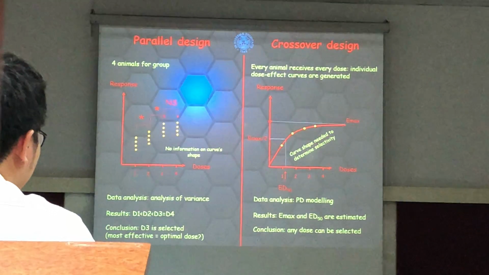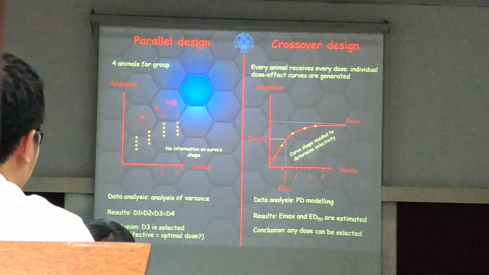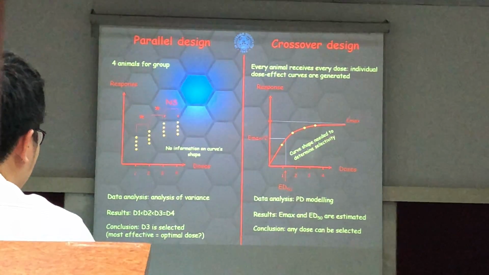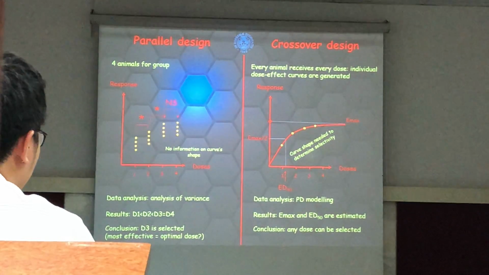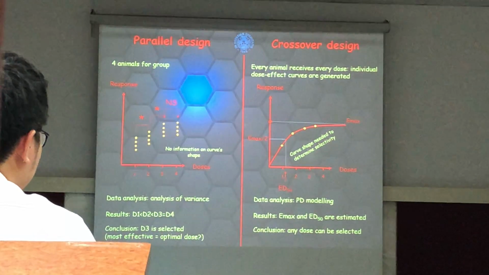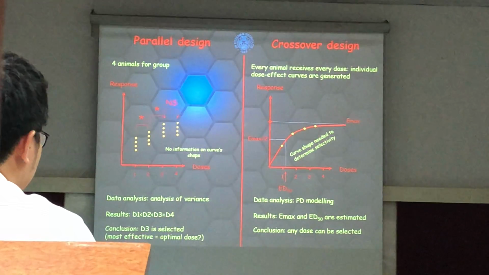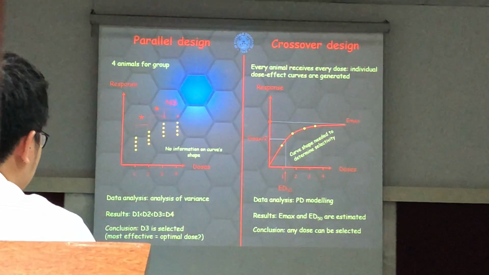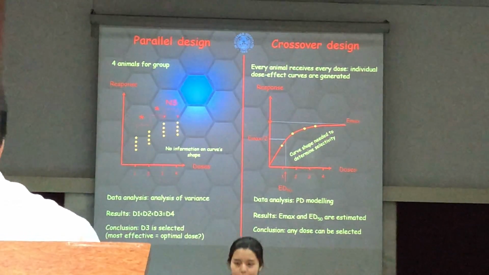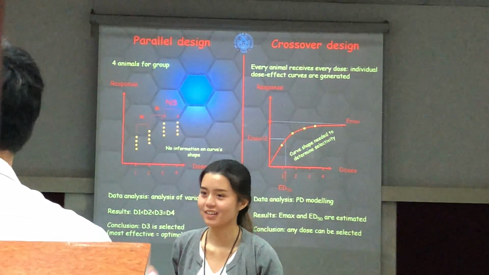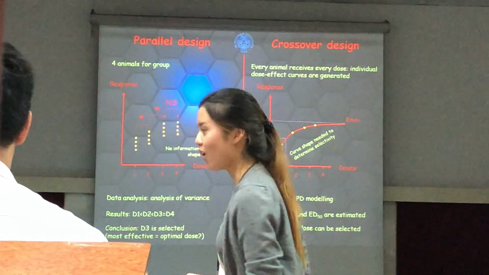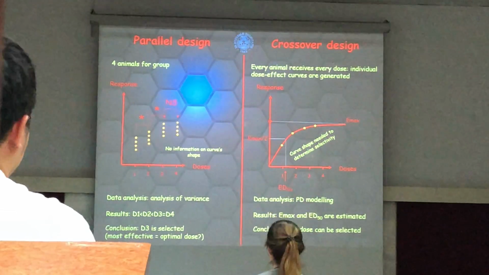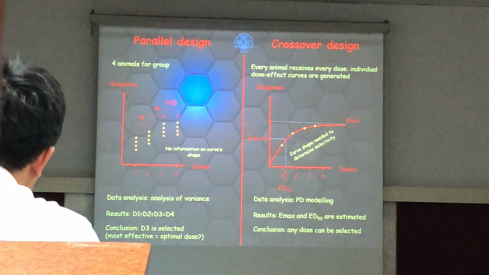You can use the computer and randomize the animals, but how can you randomize the animals? Or if you do not have a computer, you can write a number on paper, put it in a bag, and draw the number. How can you do it?